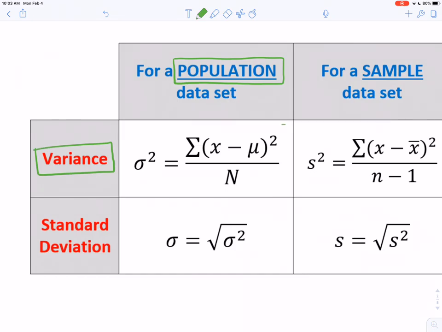Okay, so this formula right here is what I'm using. Now, first thing is notation. You're seeing a new symbol here. This is actually the lowercase Greek letter sigma, and sigma squared is the notation that we use for population variance.